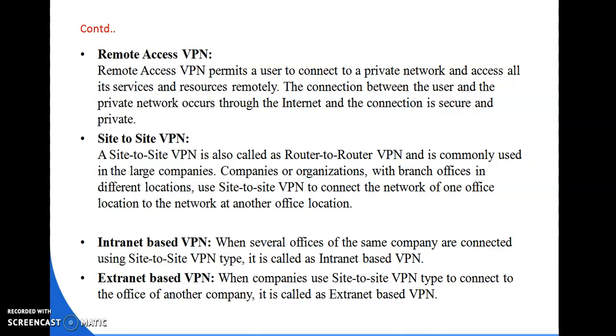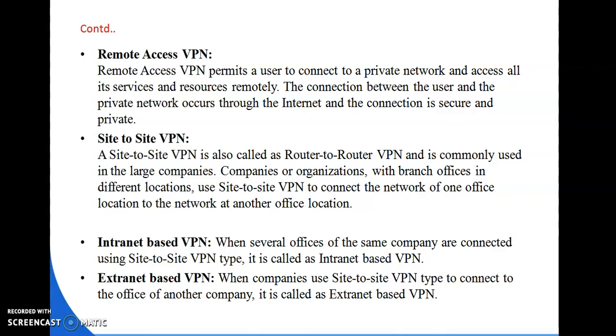Under the site-to-site VPN, there are intranet-based VPN and extranet-based VPN. In intranet-based VPN, when several offices of the same company are connected using site-to-site VPN type, it is called intranet-based VPN. Intranet is the connection between the different branches of the same company.